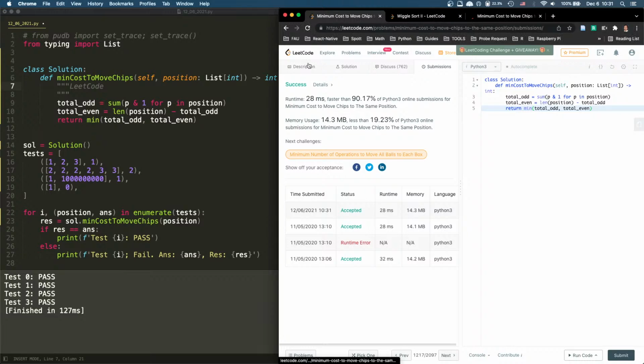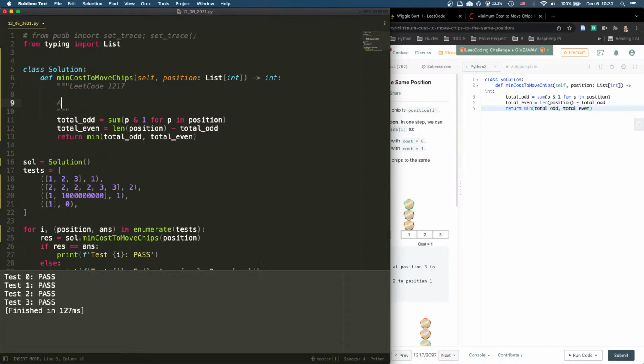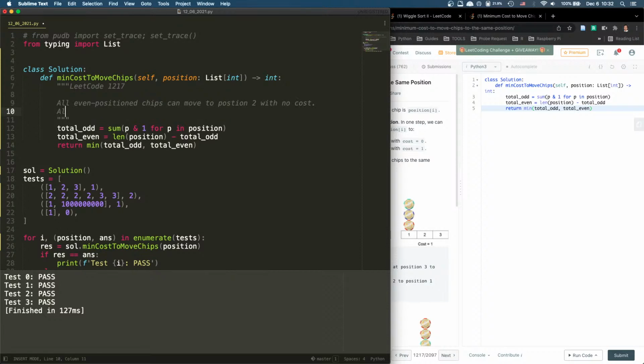They recycle hard all these problems. 1217, all even position chips can move to position 2 with no cost. All odd positioned chips can move to position 1 with no cost.